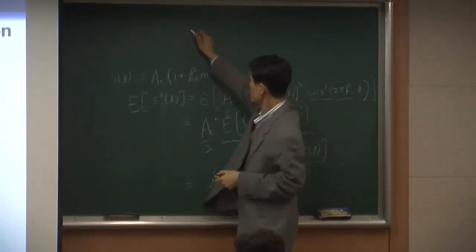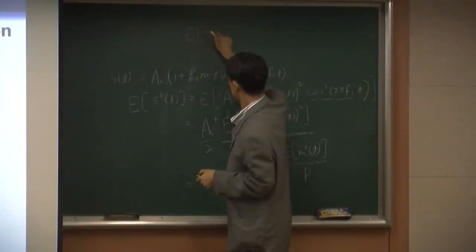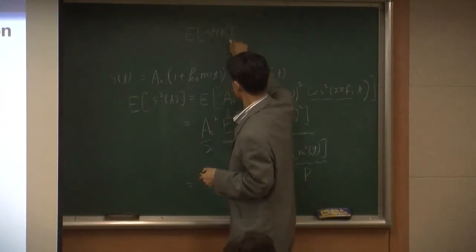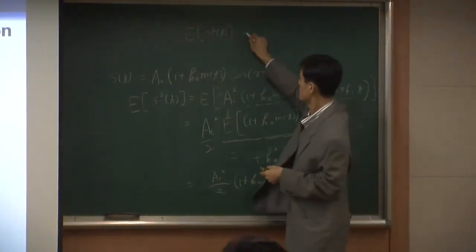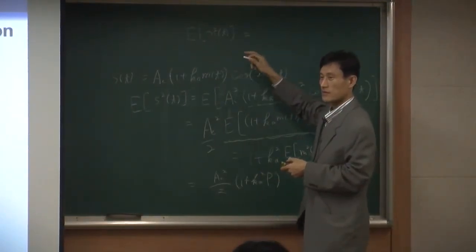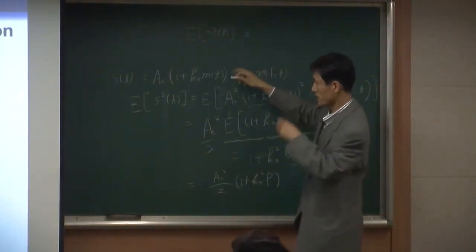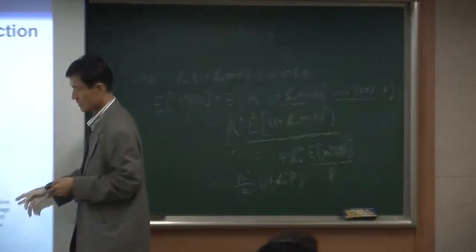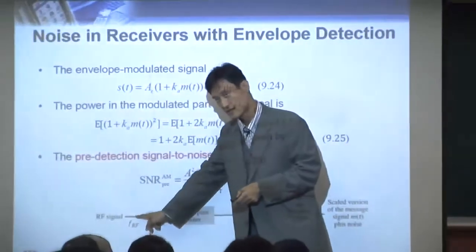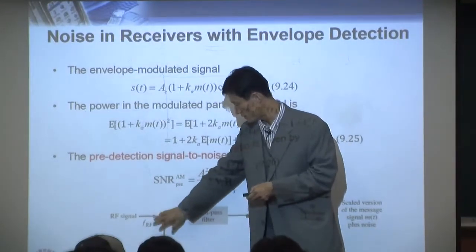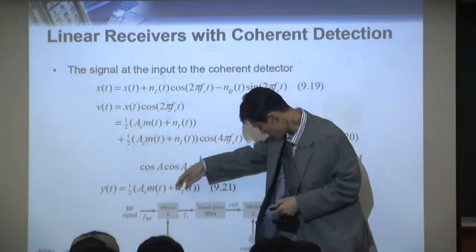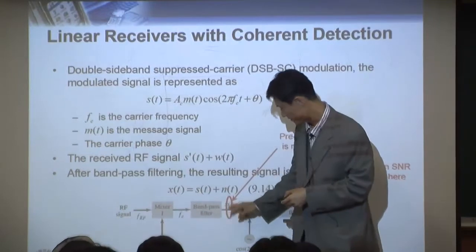And we also need to know the noise power, right? Then what was the noise power? Noise here, okay? We are talking about pre-detection, right? So pre-detection is happening right here.